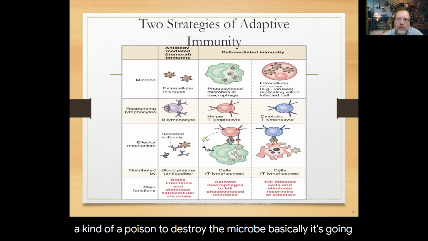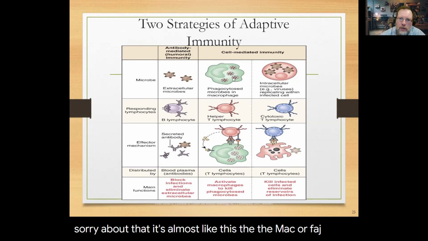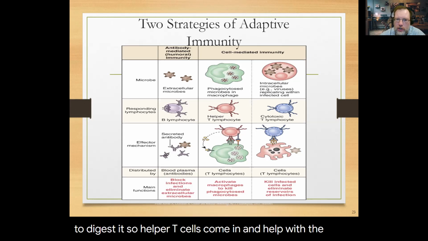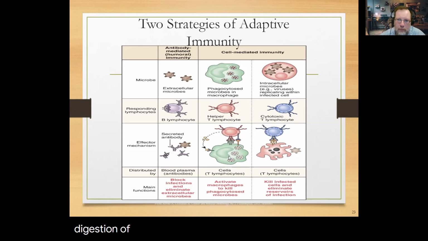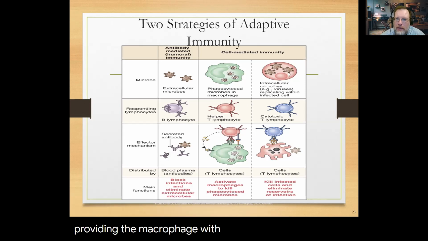It's kind of like a digestive enzyme. It's almost like the macrophage consumed the microbe or the pathogen, but it needed help to digest it. So helper T cells come in and help with the digestion of the microbe being done by the macrophage. So it activates macrophages, in essence providing the macrophage with some enzymes.